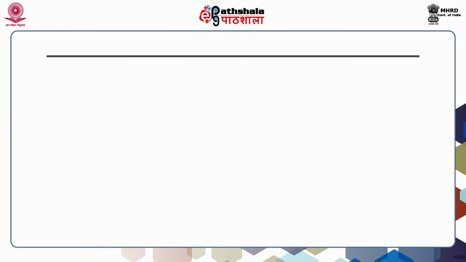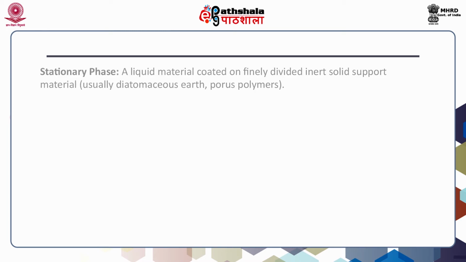Now, as I said, there is one mobile phase and another one is the stationary phase. The stationary phase, as I said in my earlier slide, is in a liquid state. It is a liquid material which is coated on a finely divided inert solid support, which can be porous polymers, diatomaceous earth, or silica.